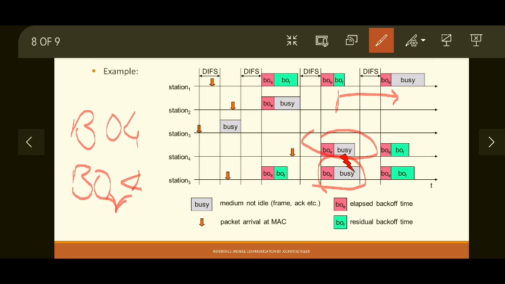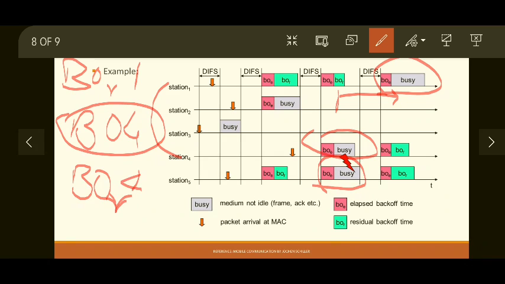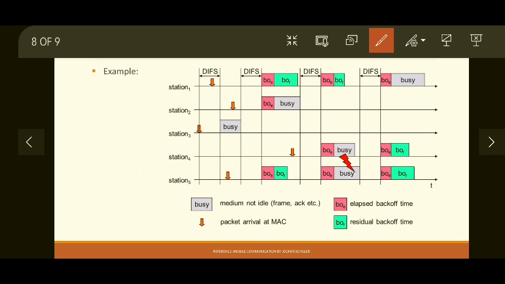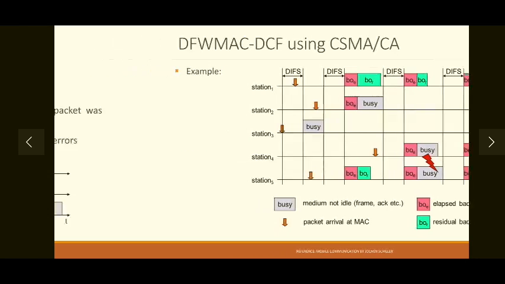Now station 4 and 1 will be in contention. Now the backoff timer remaining for station 1 is only 1, so it will get the first chance for transmission of a packet. So station 4 will always get the last chance to transmit a packet because the packet arrived at station 4 last among all the 5 stations. Okay, so that is the fairness achieved via this particular method.